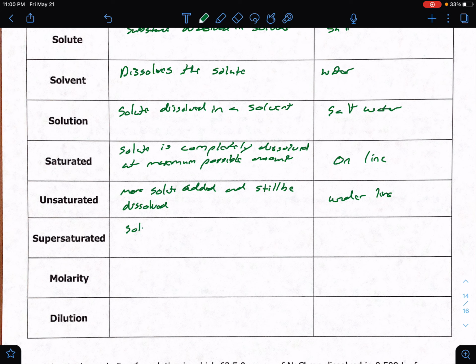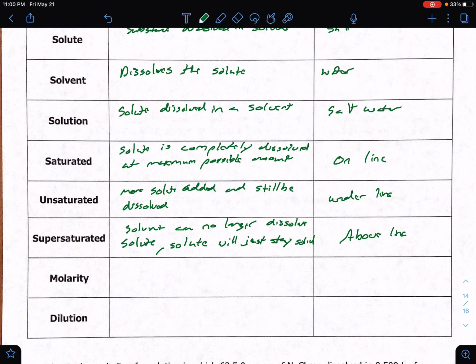So that means solvent can no longer dissolve solute. Okay, so that means the more and more solute you keep adding, it will just stay a solid. Okay, this would be above the line.